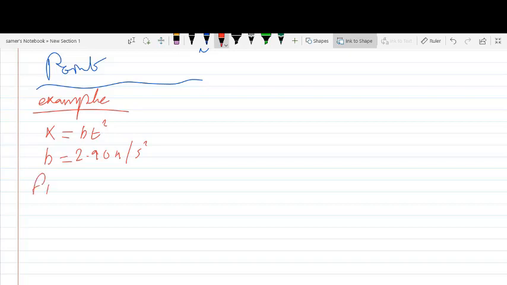Find the general expression for the rocket's velocity.